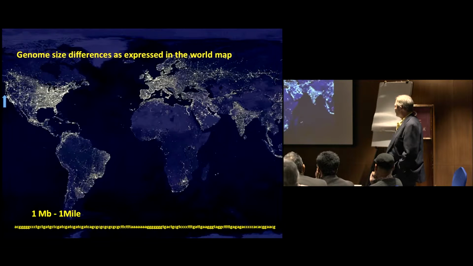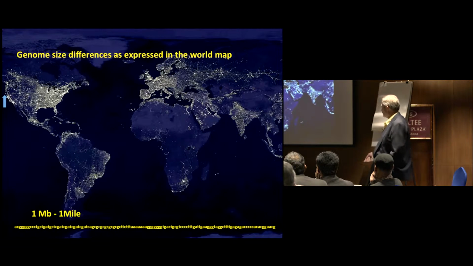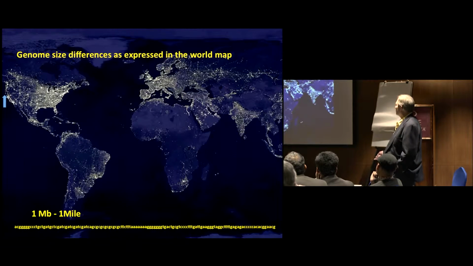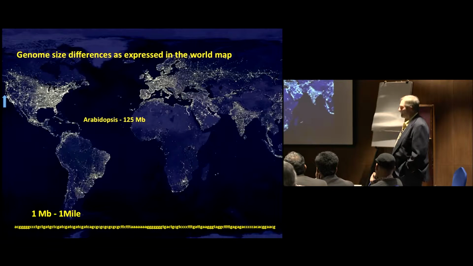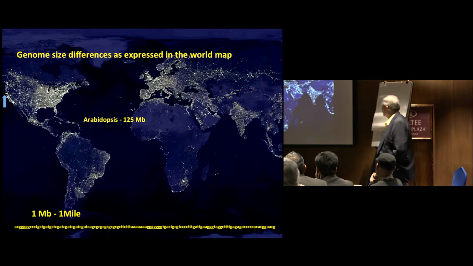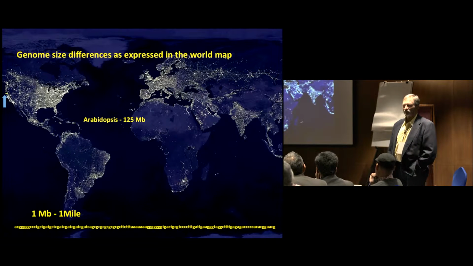So to start with, the genome size differences as expressed in the world map, and you'll want to watch this arrow. So 1 megabase of DNA is equal to 1 English mile. So for Arabidopsis, which only has 125 megabases, it's about that much distance.